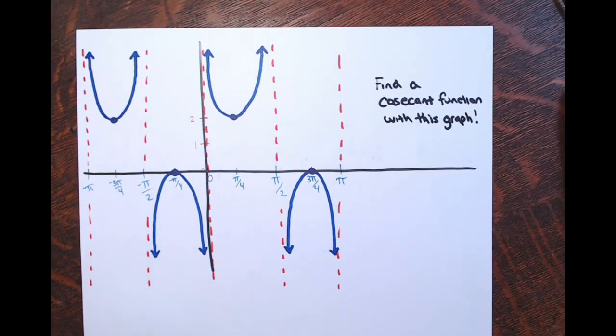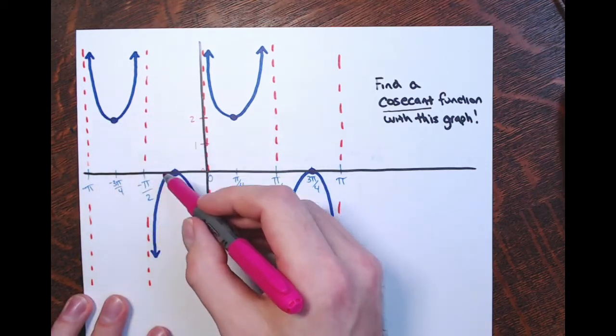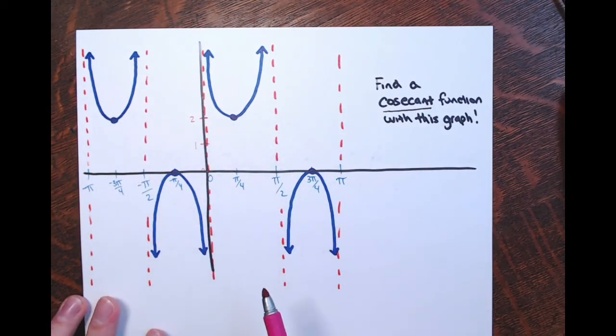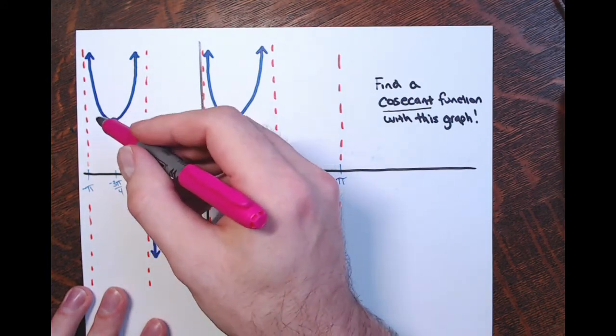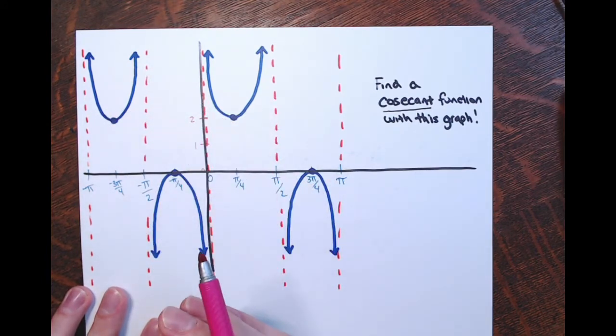So again, they mention cosecant here. You just have to remember that cosecant is the reciprocal of sine. So what I'm going to do, and what I would recommend you do, is draw a sine wave in this gap between these u shapes. And then we're going to find an equation for this sine function, and then just change the sign to a cosecant.